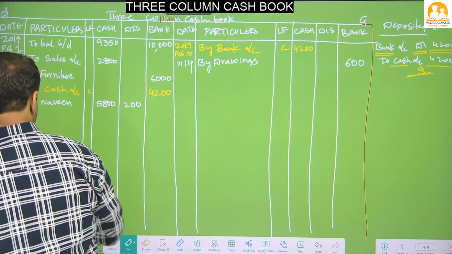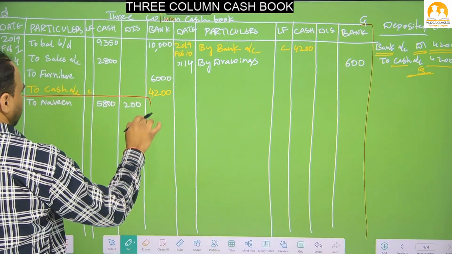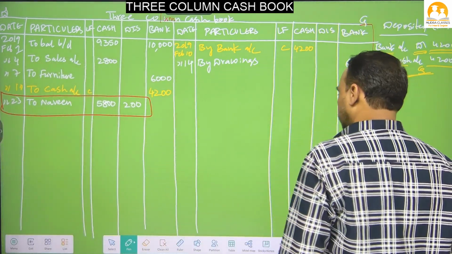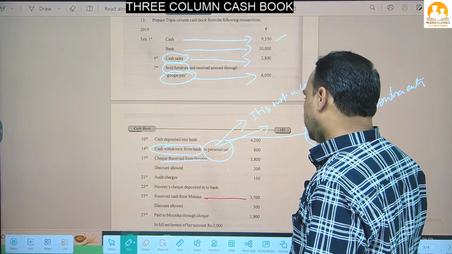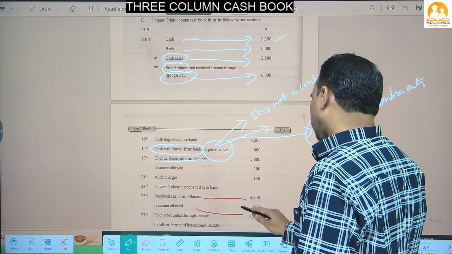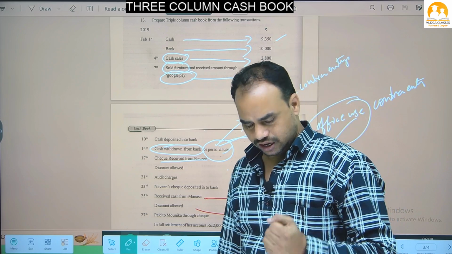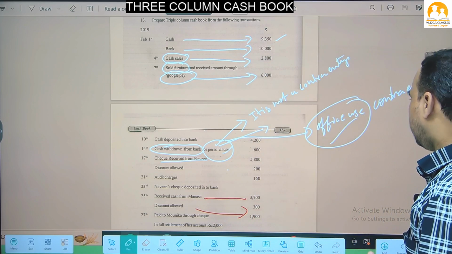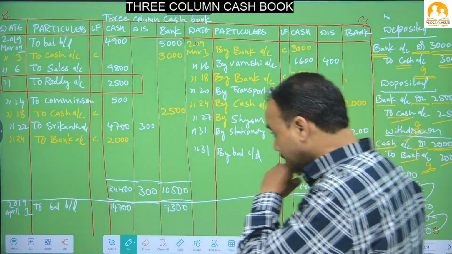Important point, this is important. See the next one. Received cash from Manasa, discount allowed 300. Business is receiving cash from Manasa, that means cash is coming into the business. When cash is coming into the business, we write on the debit side.